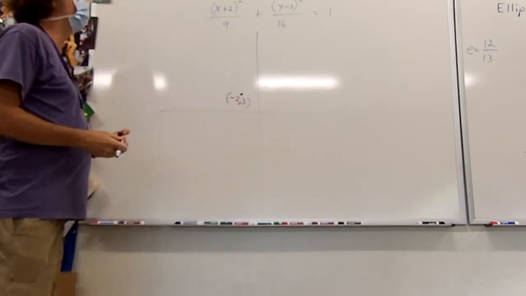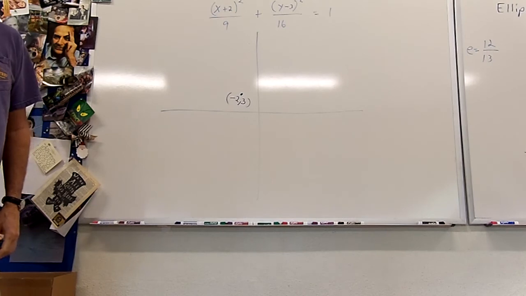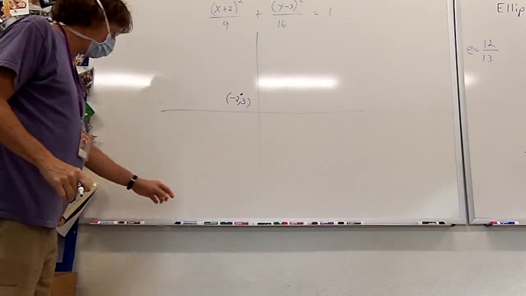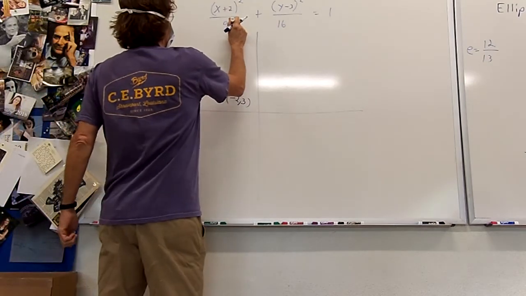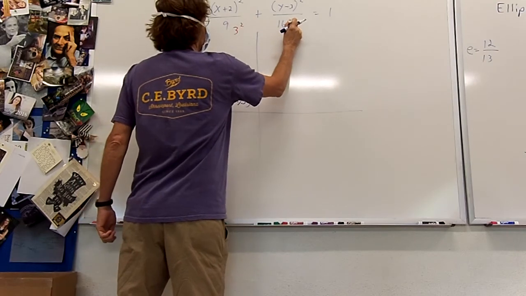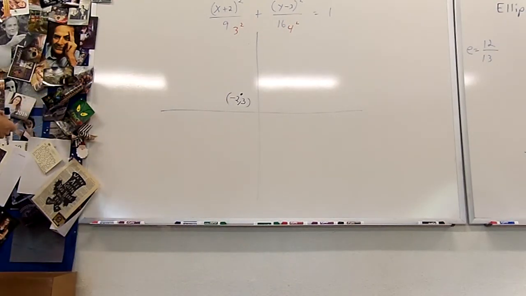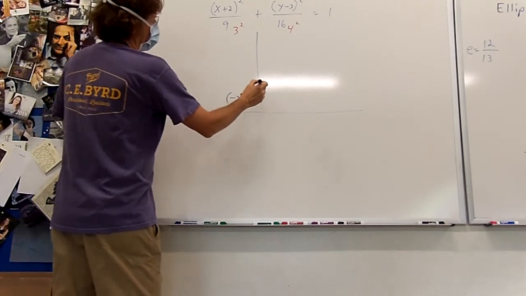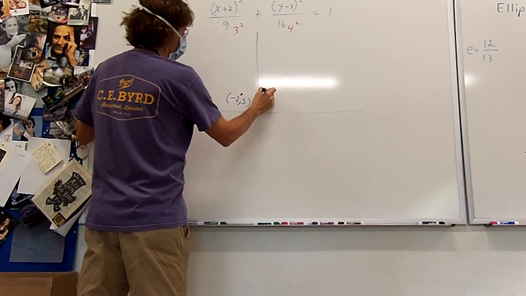How much am I going to count in the x direction? Not 9, just what? 3. Because remember, you always want to take that number and make it 3 squared, and make this one what? 4 squared. So we're going to count 3 in the x direction. And I'm going to exaggerate this a little bit.